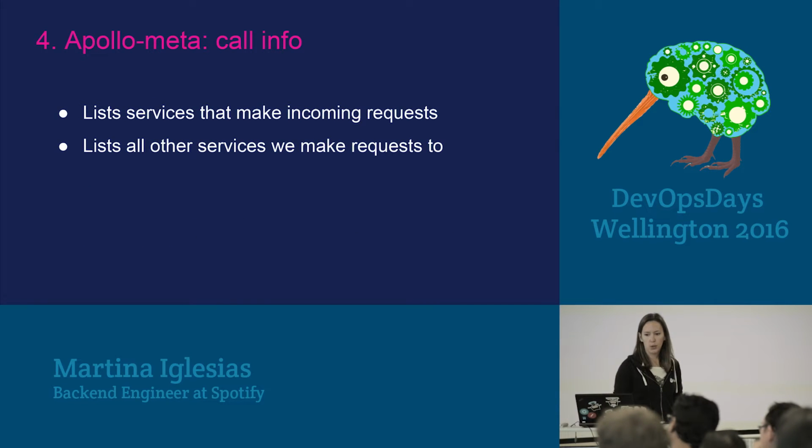The last one is call info, which will, at runtime, make a list of all the incoming requests and all the outgoing requests. And for each incoming request, you can see what services are making requests to your service and what services you are using as dependencies as well.